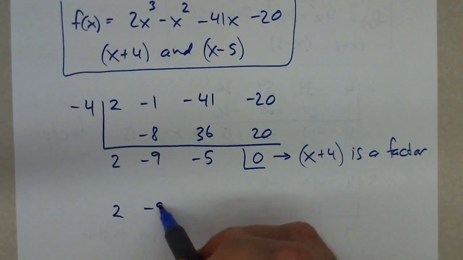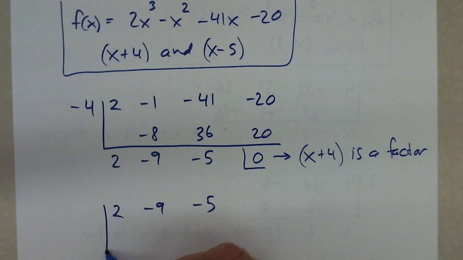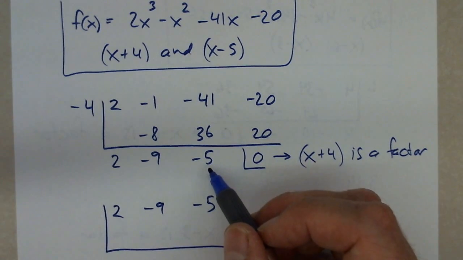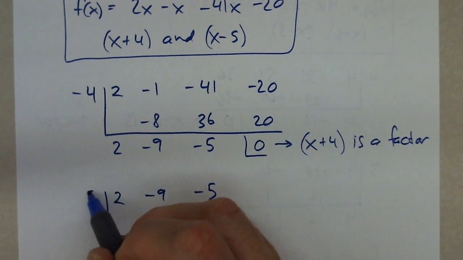And then let's go ahead and just use the new numbers we get here, and we'll test 5.